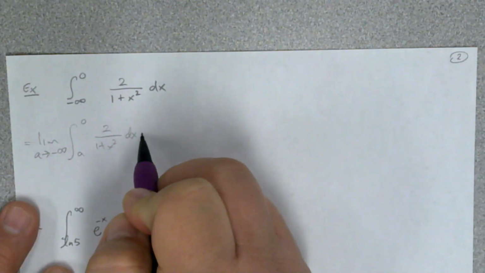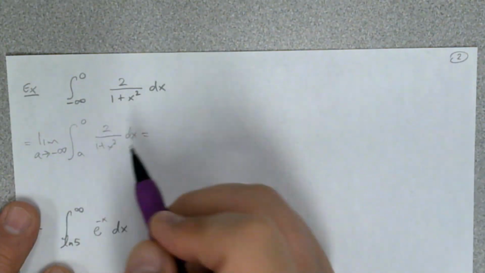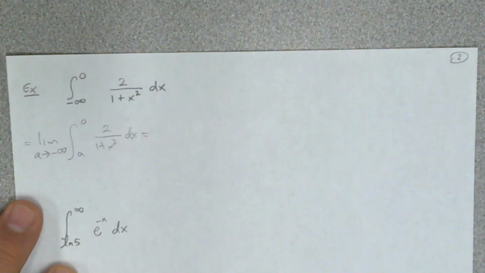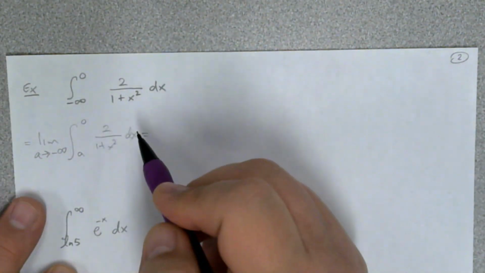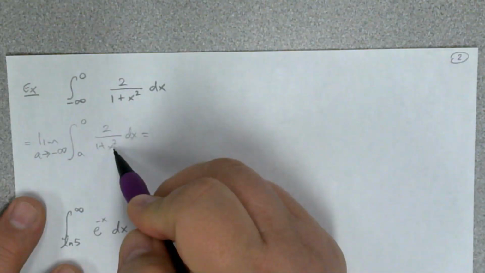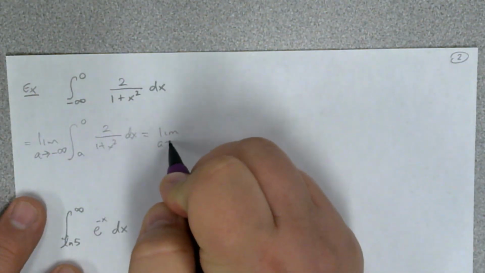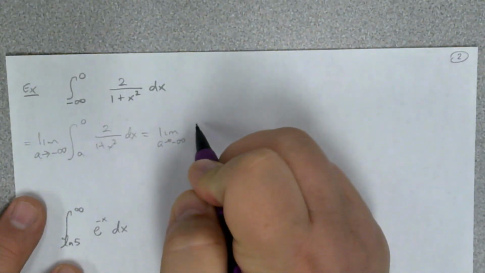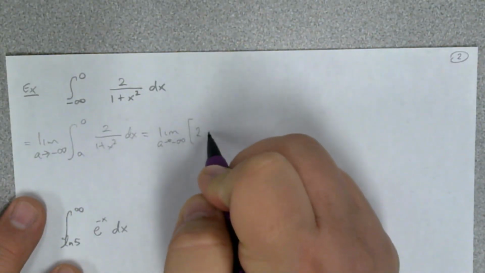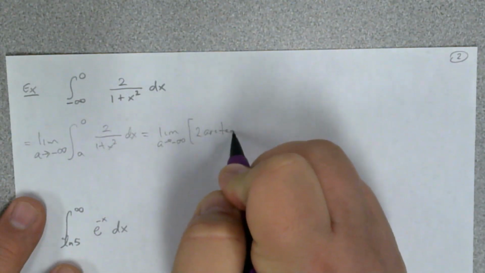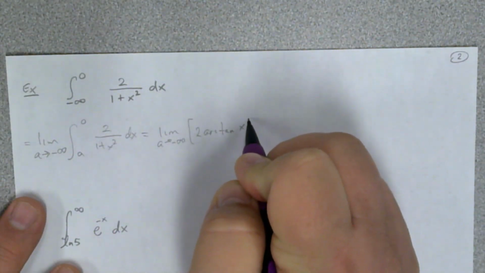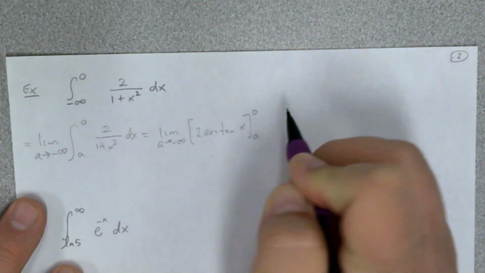And hopefully you recognize this right here as one of our special integrations. 2 is a constant, so that just comes out in front. This is going to be the arc tangent. So this is the limit as A approaches negative infinity of 2 times the arc tangent or inverse tangent of x, evaluated from A to 0.